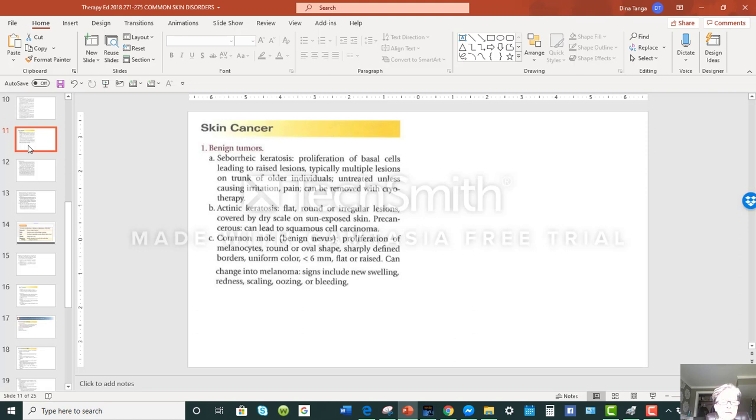Actinic keratosis: flat, round, or irregular lesions covered by dry scale on sun-exposed skin. Precancerous, can lead to squamous cell carcinoma.